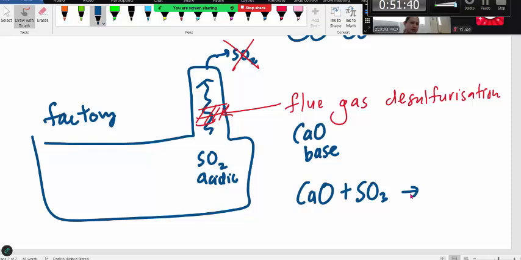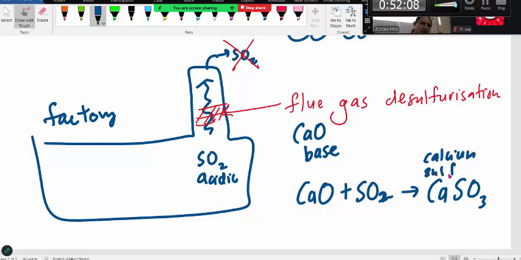This is SO2, not SO3, SO2. It's calcium, but not sulfate. Sulfites. Very good. So you will get CaSO3, calcium sulfite.